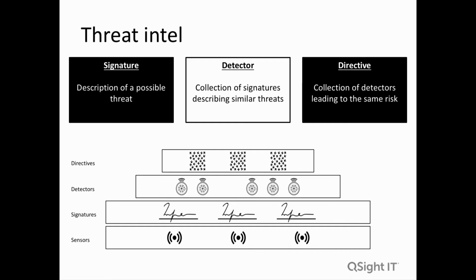And these signatures, there are 10, 20, 30, 40,000 of them, so there are a lot of signatures, which is not easy to handle in the end. So we group these signatures together into detectors, which is a collection of signatures describing similar threats. That's one layer on top. On top of the detectors, we group them together into directives.